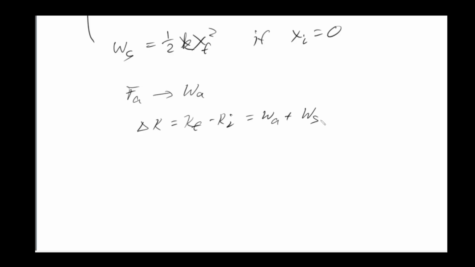So if the block starts and ends at the same position, then final kinetic energy equals initial kinetic energy, which equals 0, and we get the applied work is equal to minus the work done by the spring.